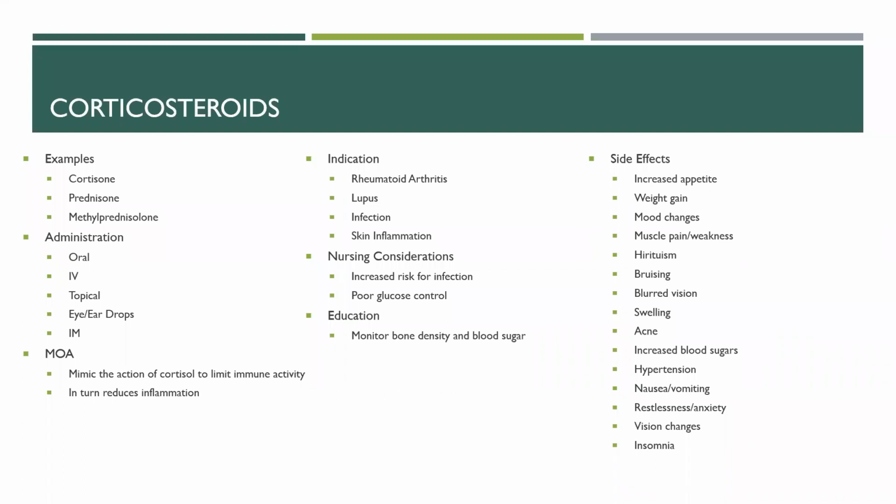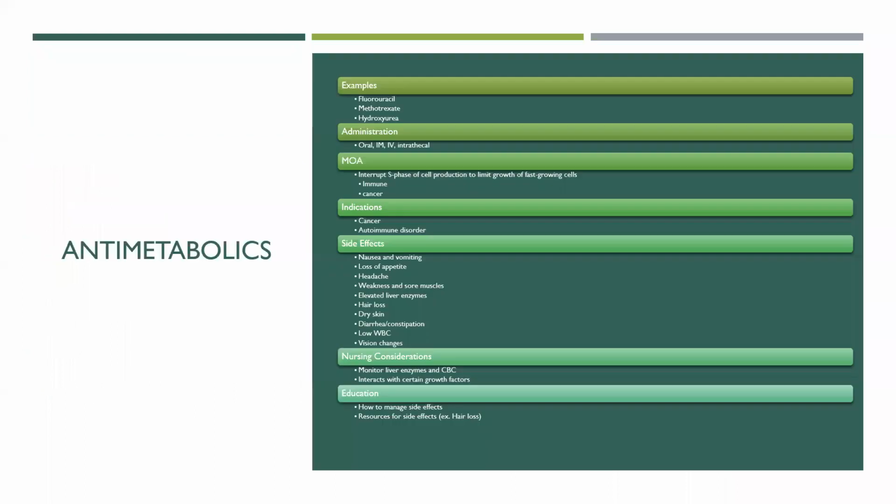For our nursing considerations, we would want to be aware that, and this is the case really for all of our immunosuppressants, since their goal is to reduce the immune response, they're always going to be at risk for other infections. Also for corticosteroids, it can cause hyperglycemia and poor glucose control. Education would be for the patient to monitor bone density as well as blood sugar, especially if they have any form of diabetes.